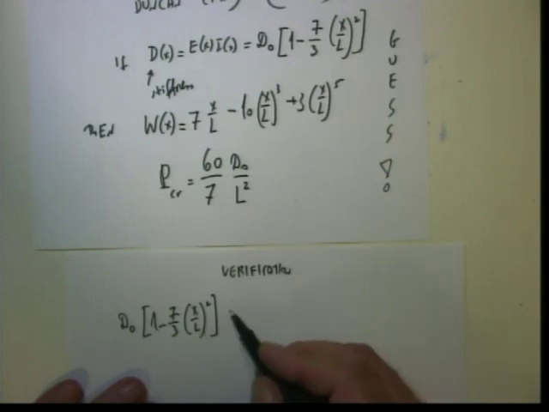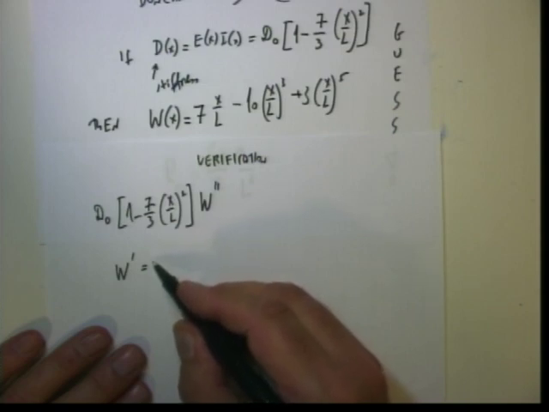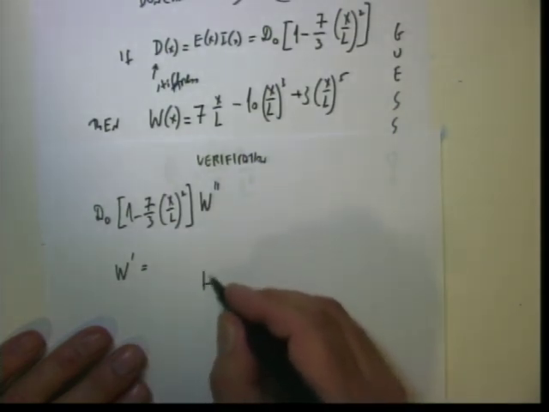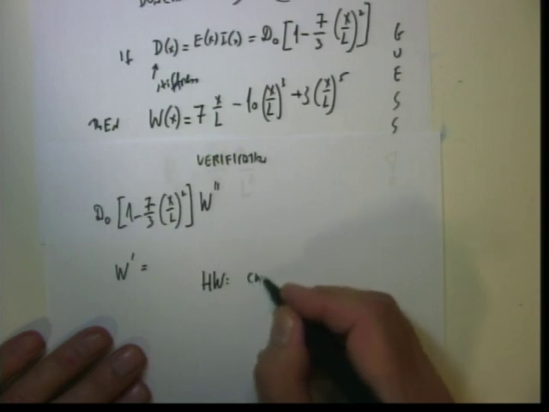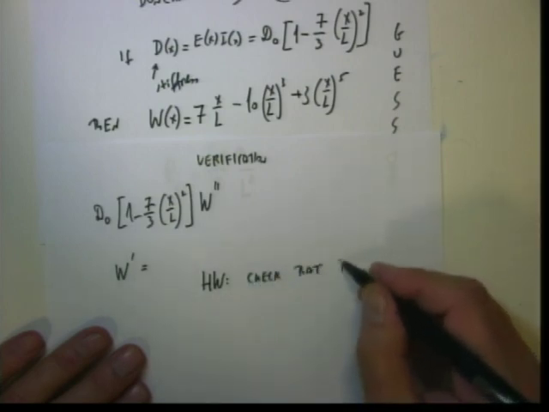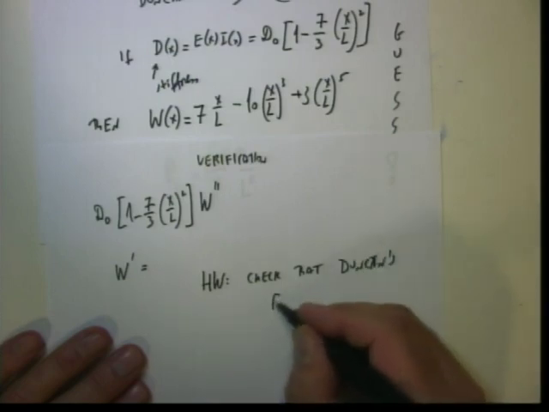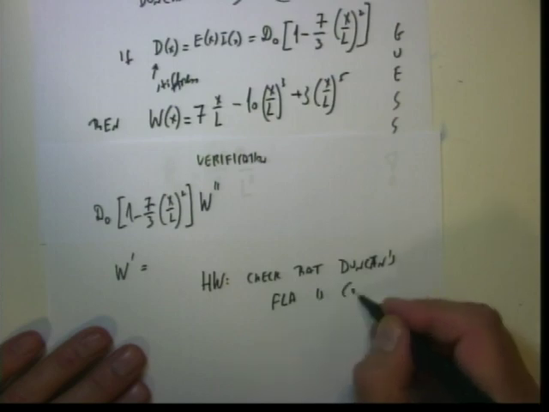Then we need the second derivative of W. So let us deal with the second derivative of W. First derivative of W, maybe you will do that. Okay, let us assign homework. Check that Duncan's formula is correct.